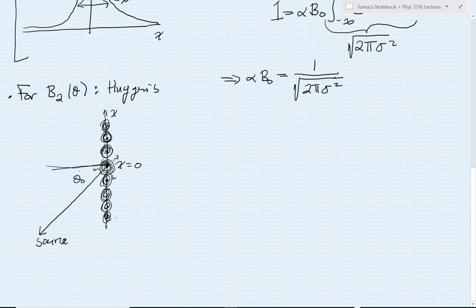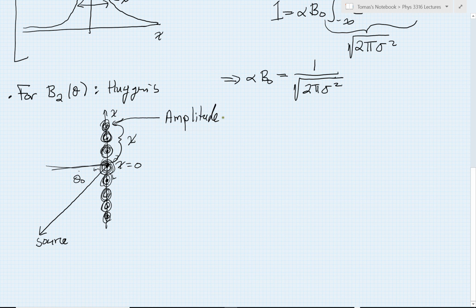Now, I'd like to consider one particular source, and then, of course, we have to add all of them up. For that particular source, I will choose one that is up here at a distance x from the origin. And we have to determine two different things for this source. As with any wave, there's an amplitude associated with it, and there's a phase.